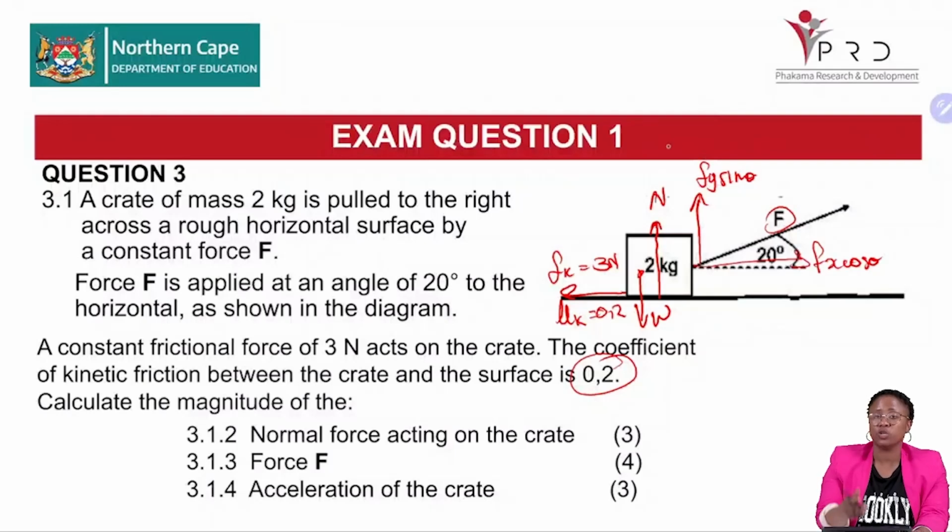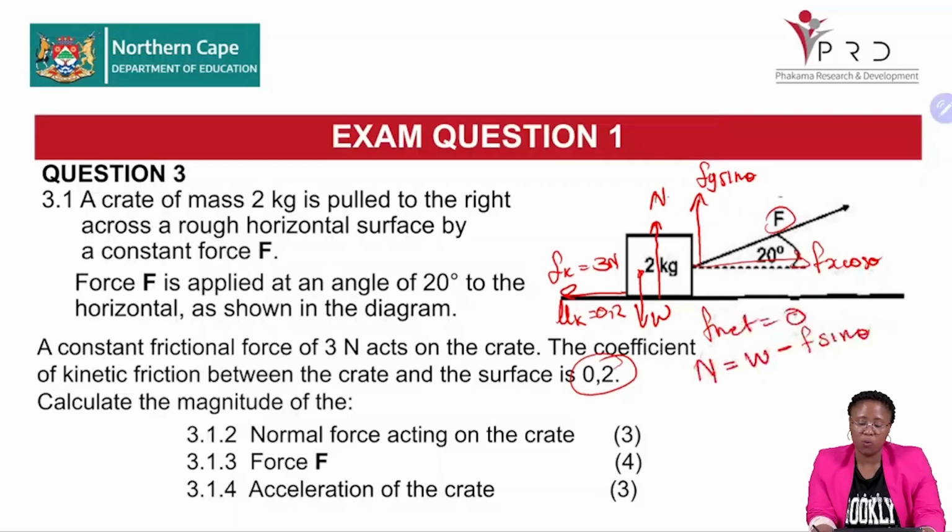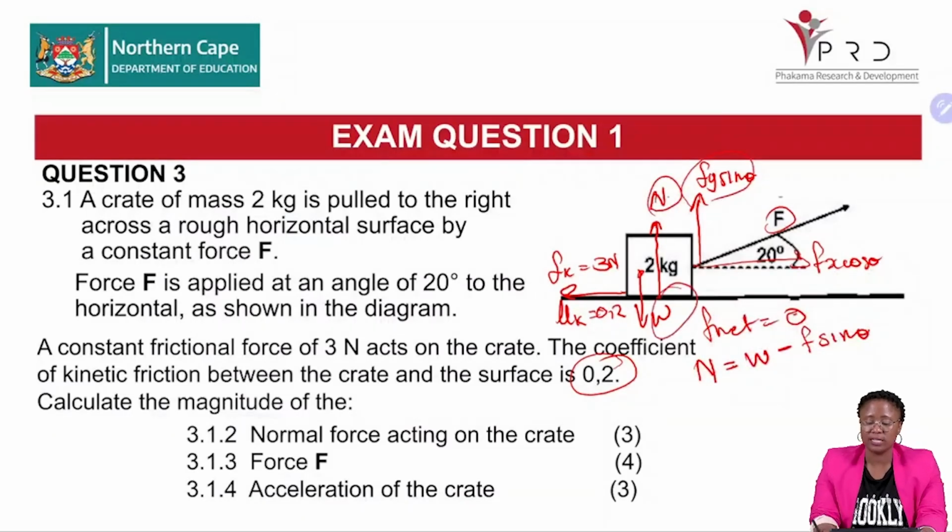Therefore, I said we're going to use the vertical components. Therefore, for the vertical forces, F net is equal to 0, which will be the normal force equals the weight minus F sine theta. Okay, remember, these are the ones that are acting vertically. All right, then let's quickly put in the values.